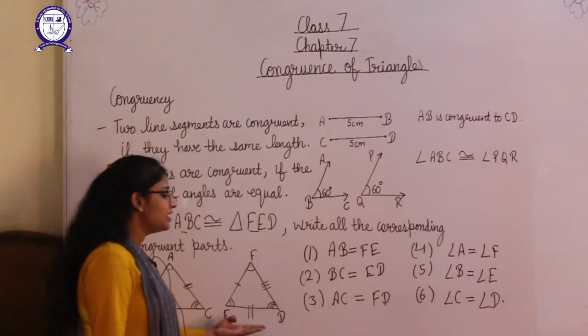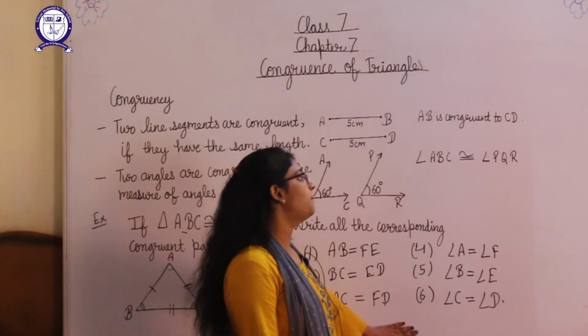As there are 3 sides and 3 angles in a triangle, we get 6 congruent parts.